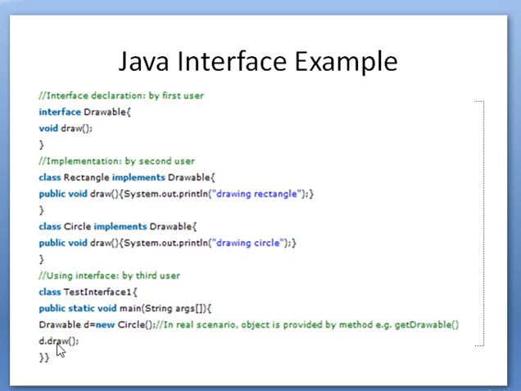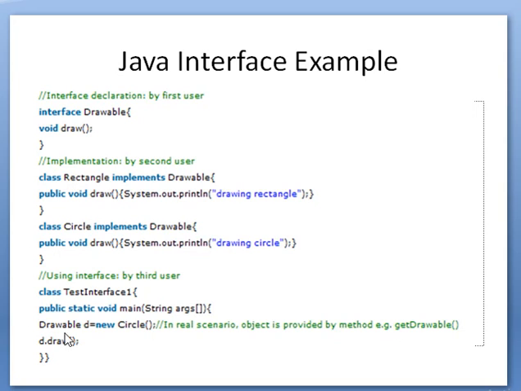So d.draw is possible. If we write d.draw, then the draw method of Circle will get called. If here I write new Rectangle, if we are creating an object of Rectangle, then d.draw will call the method of the Rectangle class.